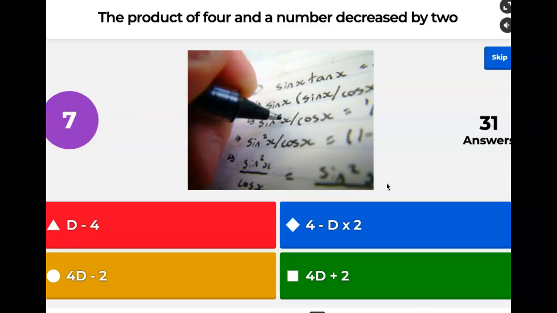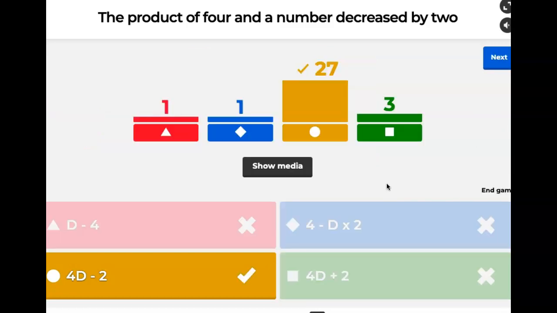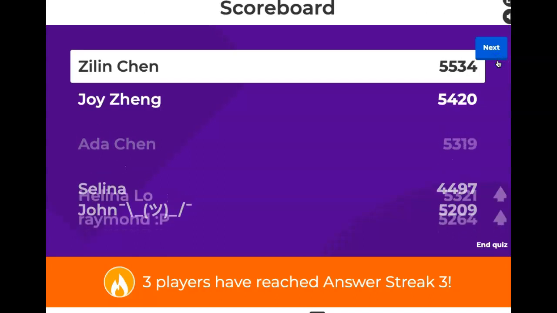I clicked the opposite. I clicked the green. Oh boy. It's supposed to be yellow. I try to play mind games on people. Oh my god, you guys say decrease. The green one is addition. So, hello, I didn't look at the question clearly. Okay, listen, learn. We're gonna read it. Alright, Zillan is still up.